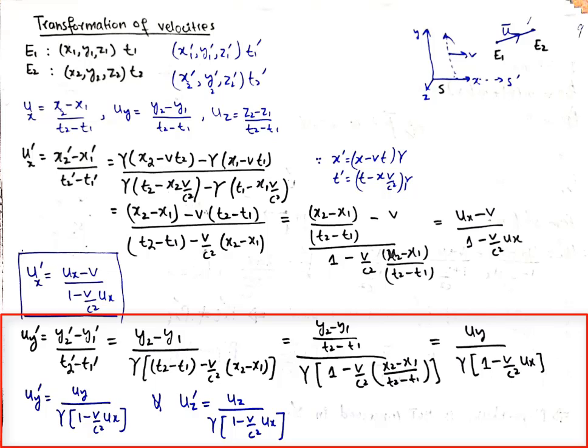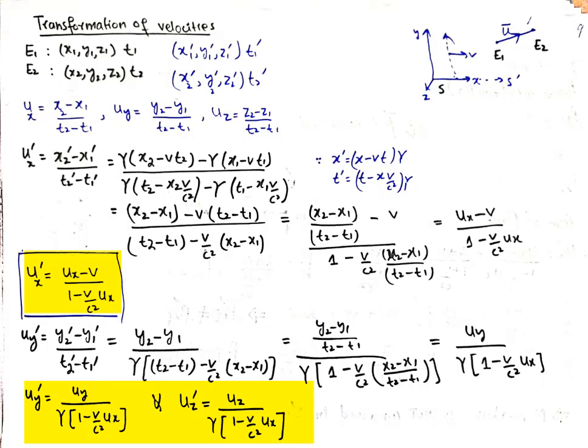So this is our transformation equation for the y component, and for the z component I obtain a similar expression, because y prime is equal to y and z prime is equal to z. So if I replace y by z here, I can get the expression for z prime. So these are our transformation equations for velocities.